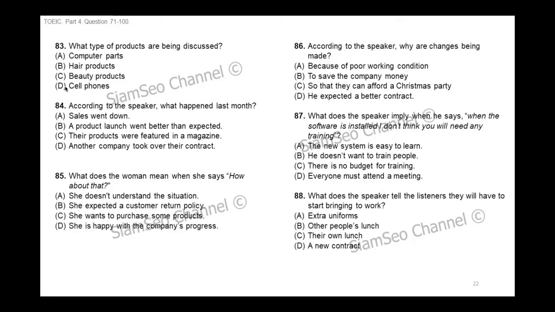Number 86. According to the speaker, why are changes being made? Number 87. What does the speaker imply when he says, when the software is installed, I don't think you will need any training?